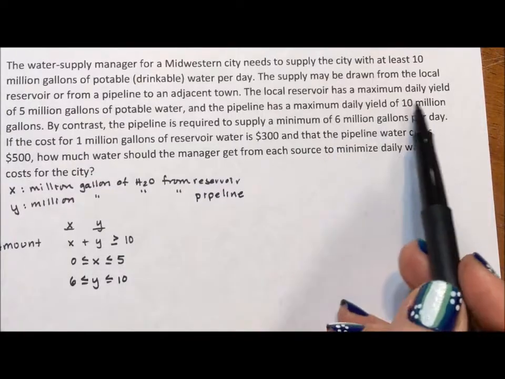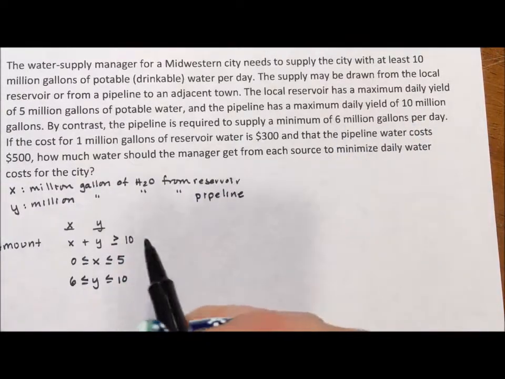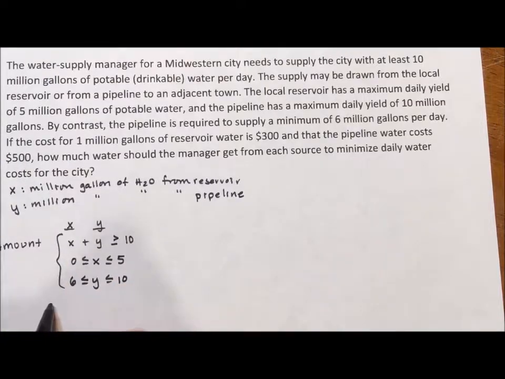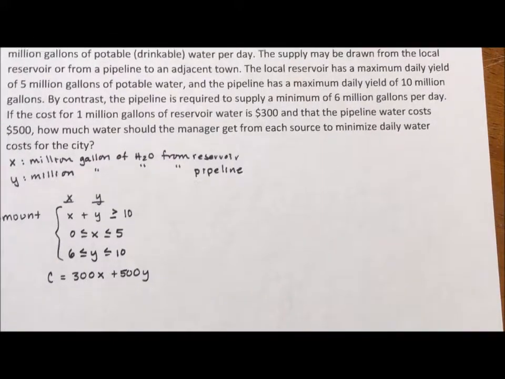So that's where we get our 6 and our 10. Okay. So this is really all we need for our basic graph, and then our cost function is going to be $300 per million gallons from this reservoir and $500 per million gallons from the pipeline. Whew. Okay, so that covers the basics.